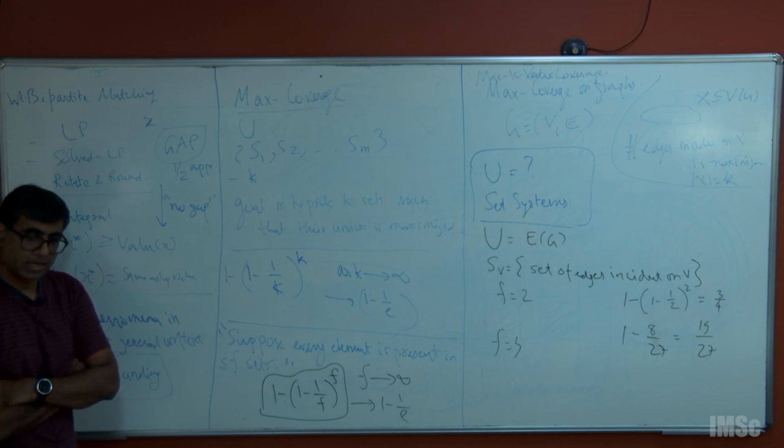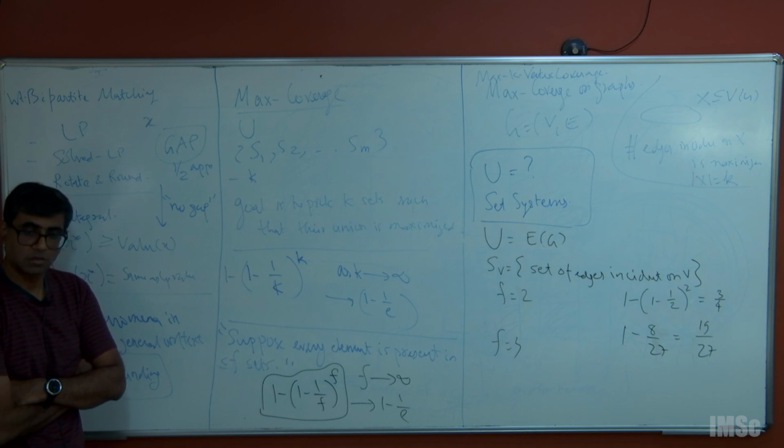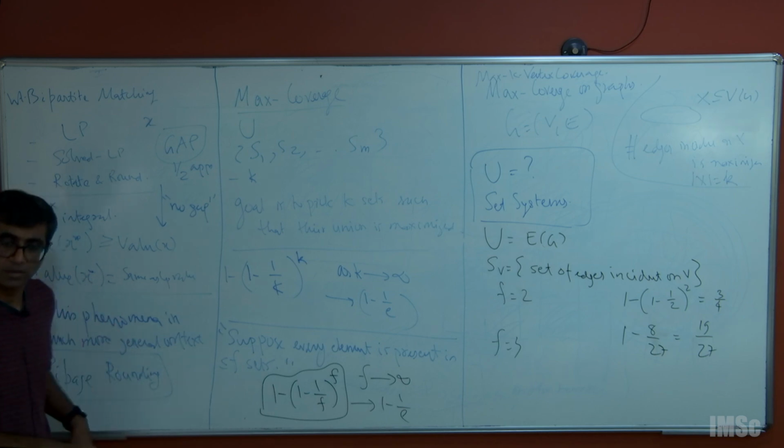An edge can be present in many sets. Please think. What is the definition of SV? Those that are incident on V. Okay. So now you tell me, an edge can be present in how many sets?